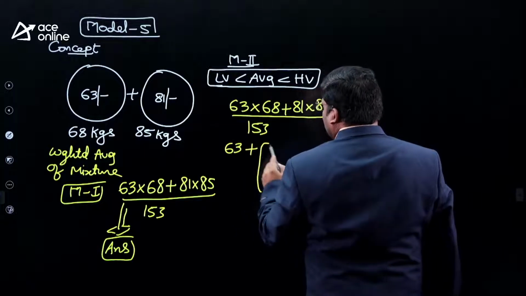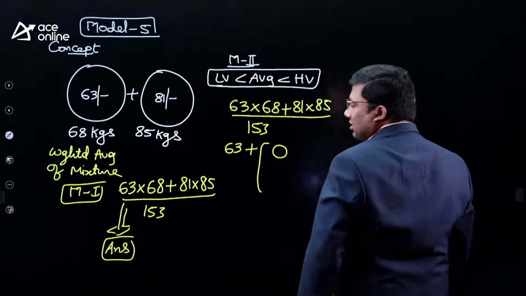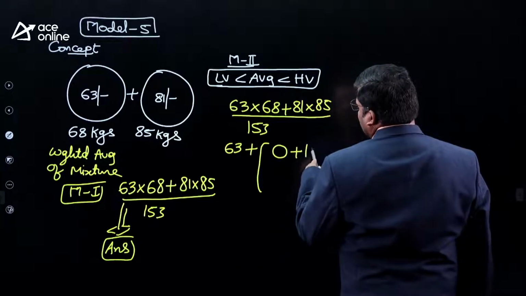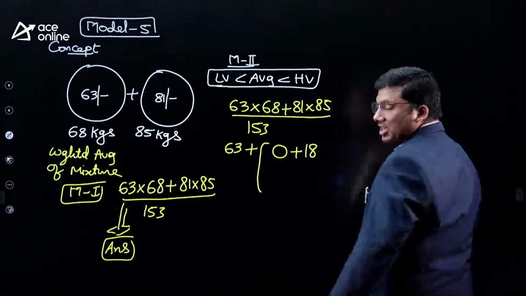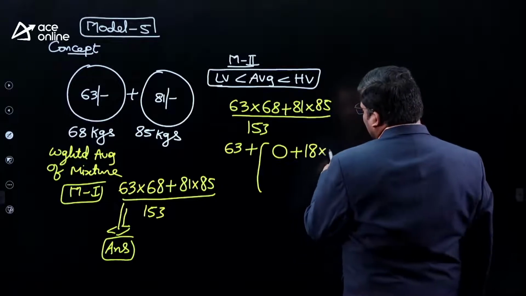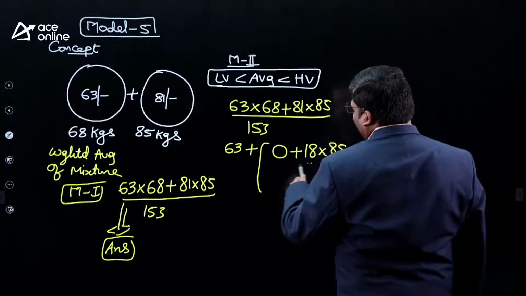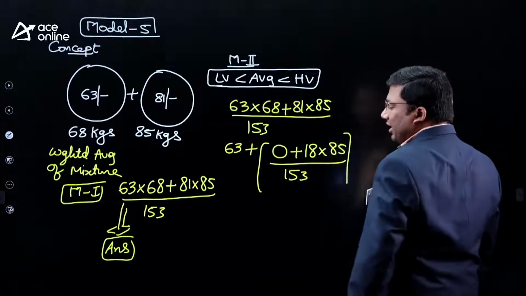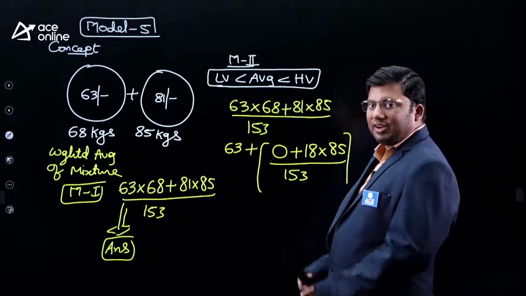So average is greater than lowest value. 63 minus 63 is 0. 0 into anything is 0. 81 minus 63, what is the difference? 18 into 85 divided by 153. Listen carefully, sir.